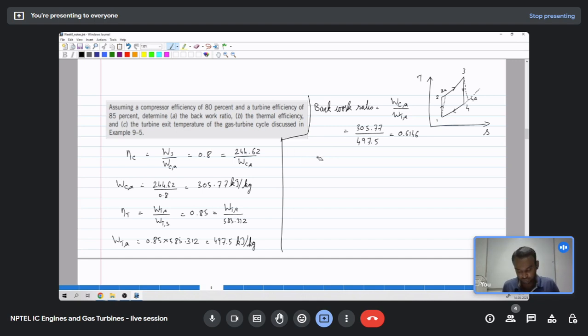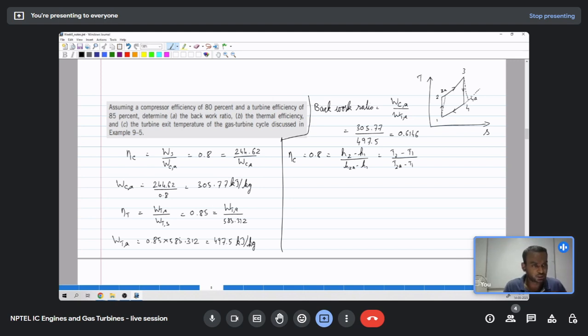I think before this we need to calculate the enthalpy at 2A. Since the efficiency of the compressor is 0.8, that means it is H2 minus H1 divided by H2A minus H1, or T2 minus T1 divided by T2A minus T1.